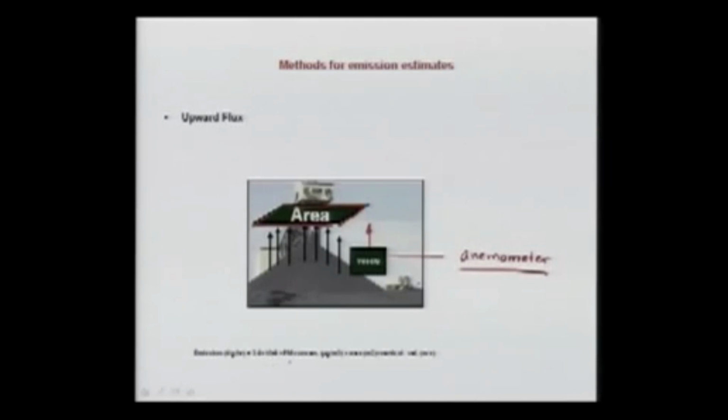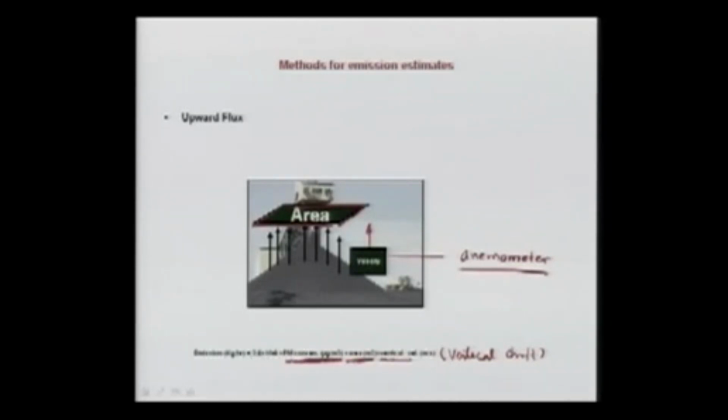A little example here. You have to measure the particulate concentration. So here you see PM concentration, and the units may be microgram per meter cube. Then you need to know the area under consideration, and that is multiplied by the area, and finally you also multiply by the upward velocity or the vertical drift. Velocity here is not horizontal wind speed, it is a vertical drift, if I can use that term.